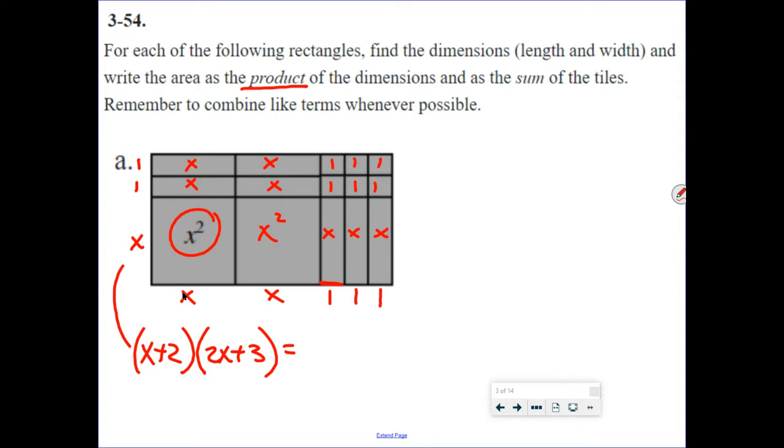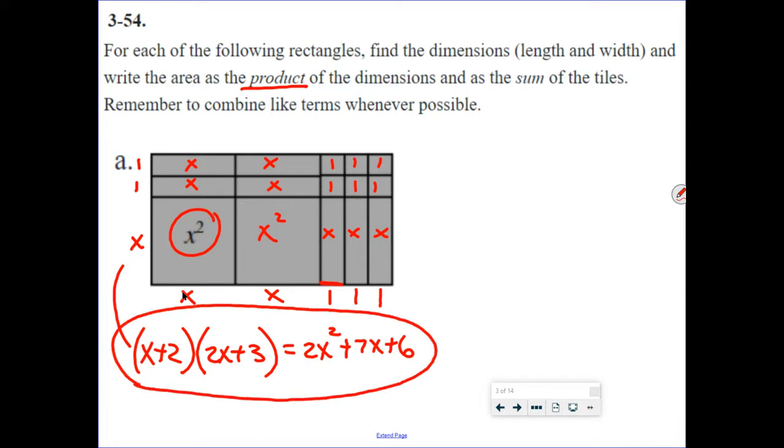And you see that I've got 2x squared. And I've got 7 x's, so plus 7x, plus 6. So therefore, the quantity of x plus 2 times the quantity of 2x plus 3 is equal to the quantity of 2x squared plus 7x plus 6. Cool? And this is the area as a product, and this is the area as a sum.